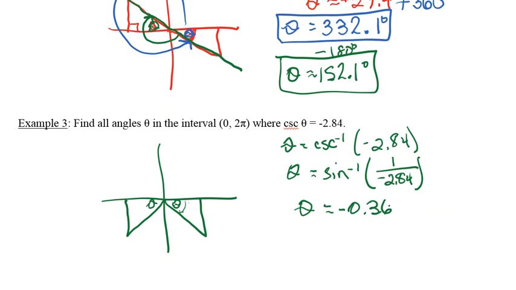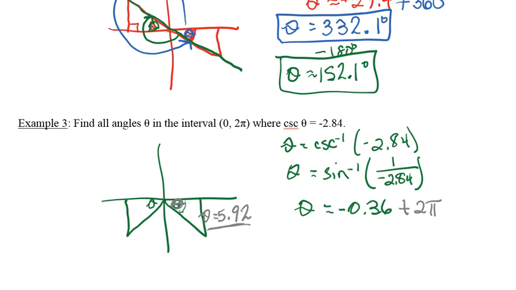Remember, a full circle is 2 pi, so I'm going to add 2 pi to that, and that'll get me to the positive coterminal angle. So this angle right here is 5.92. So I have one of my answers.